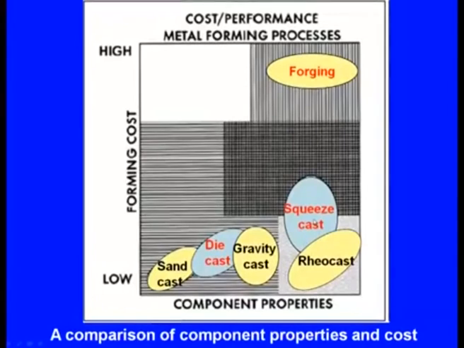But in the case of the squeeze casting, the properties are the same as forging, but the cost of the production is almost 1/3 of the cost of the production of forging. That way it gives us very good mechanical properties at much lesser cost of production. So, this is the cost and properties comparison of the squeeze casting process.